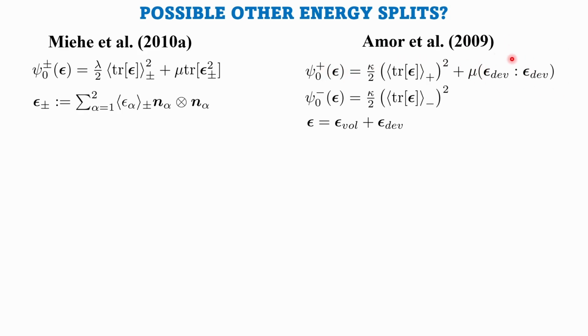So essentially this deviatoric part is what is responsible for the deformation. Okay. Earlier we were taking that only the tensile components of the strain tensor, or the positive eigenvalues of the strain tensor, are responsible for the deformation. But here we are taking the deviatoric part of the strain tensor, which is responsible for the deformation, because the degradation function is always multiplied to psi 0 plus.